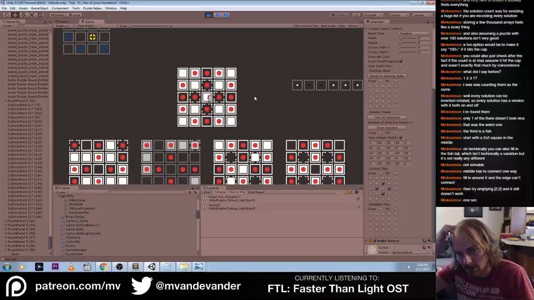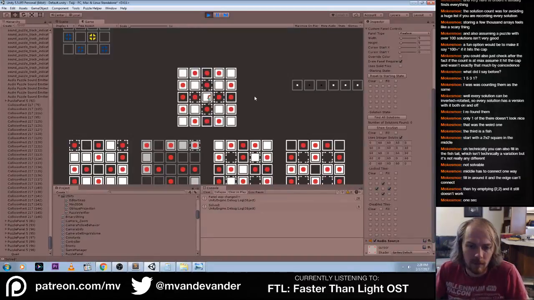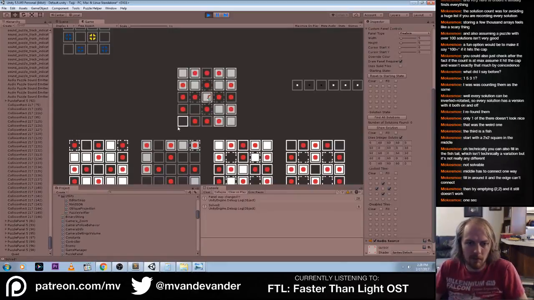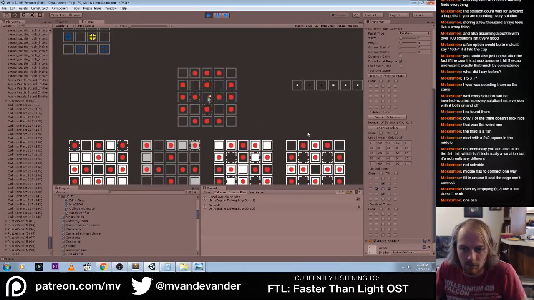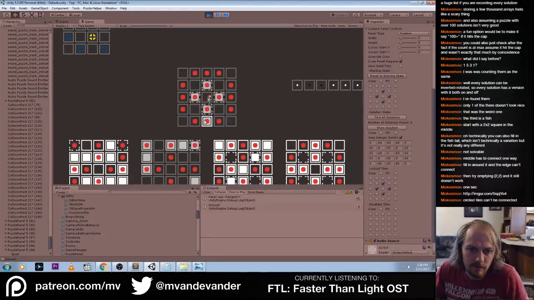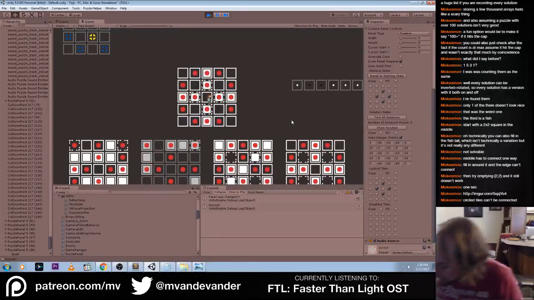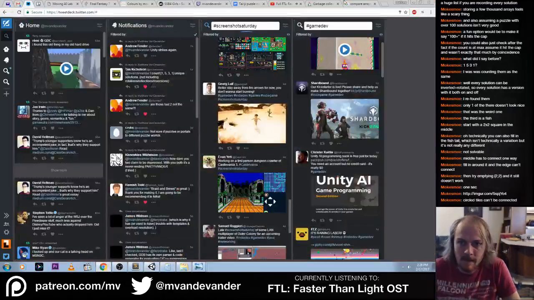Which is kind of interesting, actually, in that way. Like that I can enforce the same kind of solution by making them all on. If I set the starting state to these being all on, then it's the same as this, right?